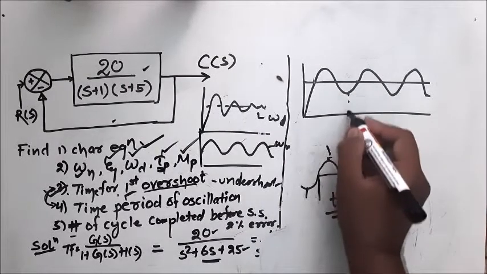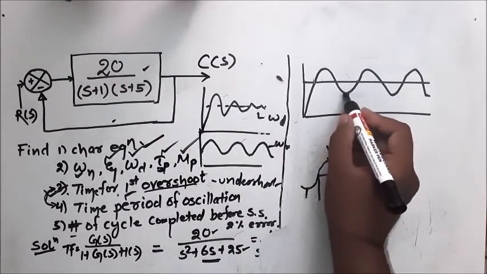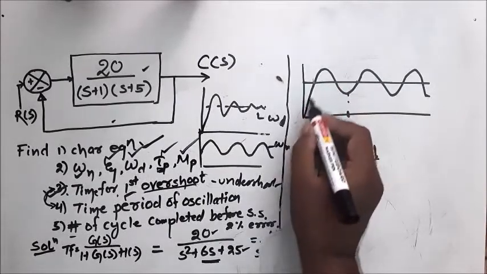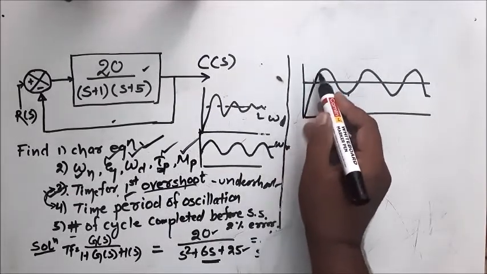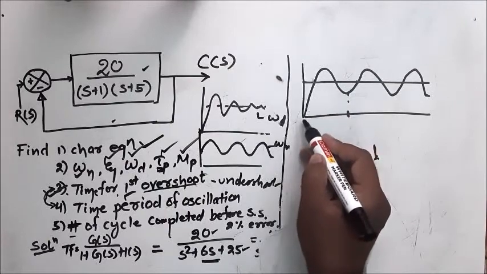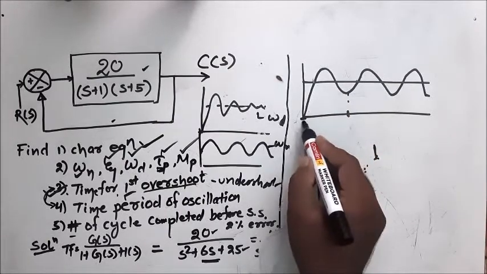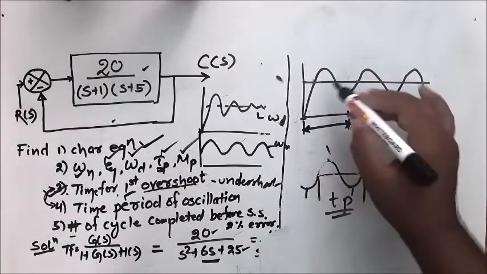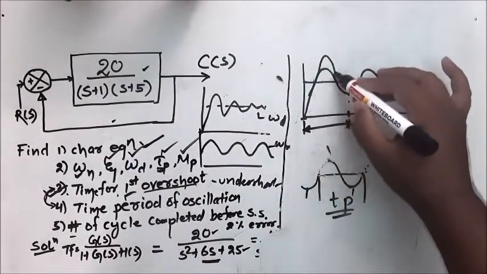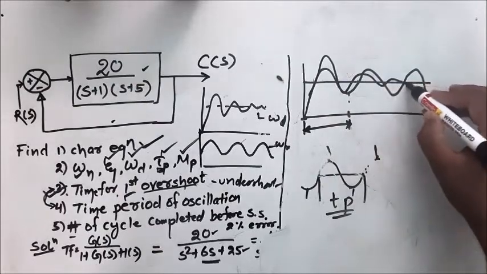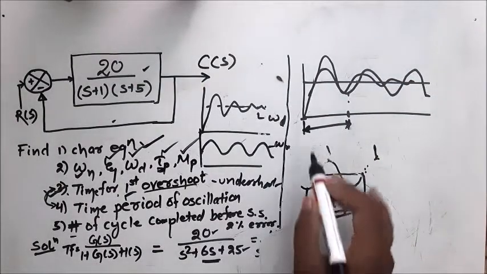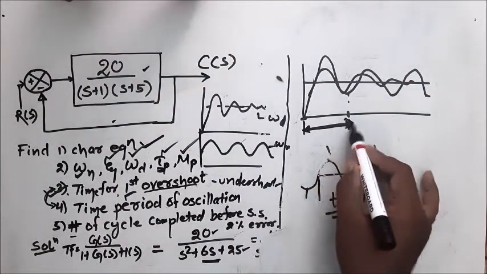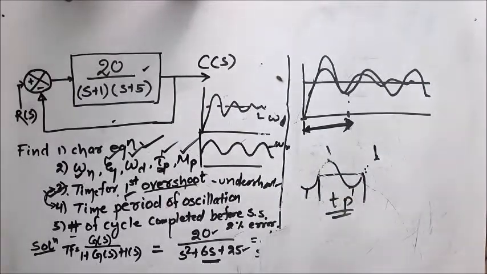In the previous question we found the time for first undershoot. If I know this time from this down peak, the previous wave's down peak will be somewhere here. Since this is an underdamped system we are studying, we can take this as my time period, Tp.